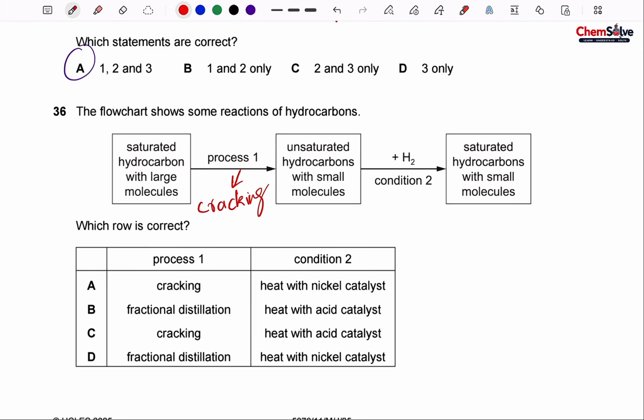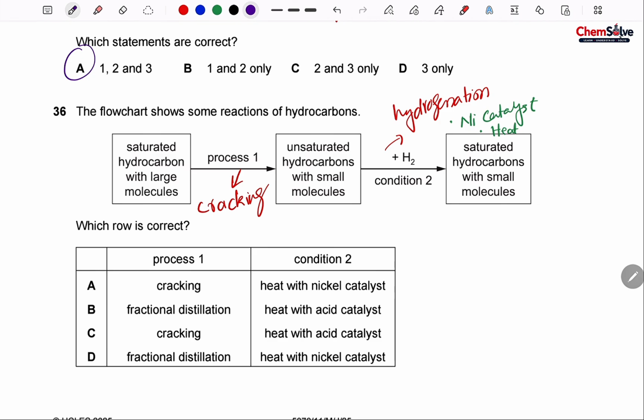Okay, now unsaturated hydrocarbon with smaller molecules, when hydrogen is added to them, they are converted into saturated ones. So this process is called hydrogenation, the addition of hydrogen, and it needs nickel as a catalyst, and of course it needs some heat as well.